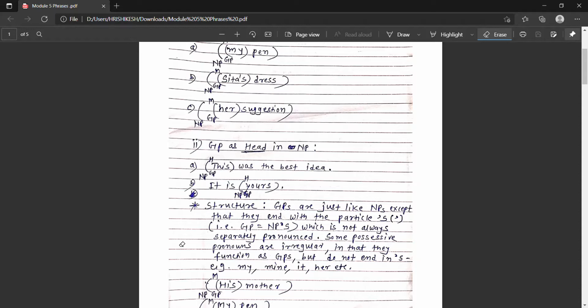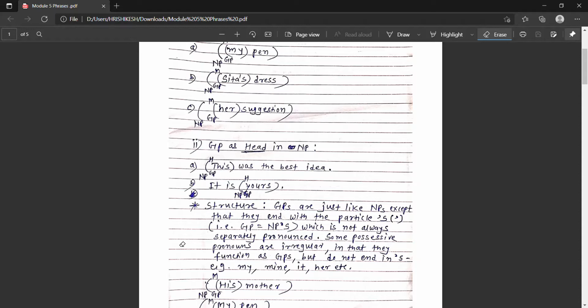In this particular sentence, the GP is enclosed in a round bracket. Which word is enclosed? This. And this here is a GP, genitive phrase, functioning as a head.